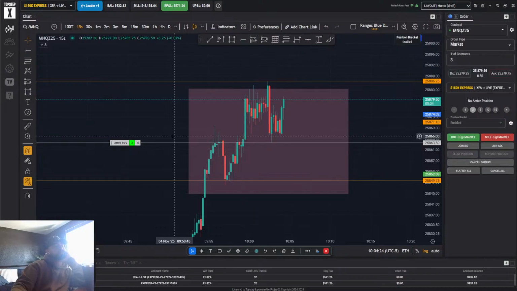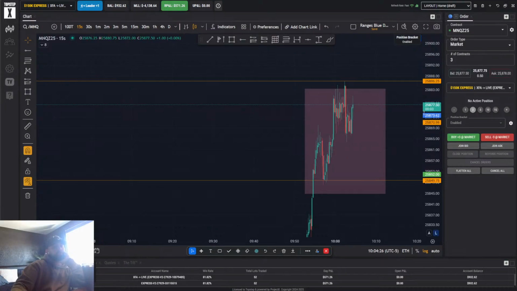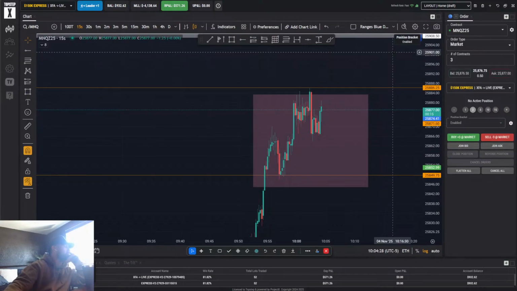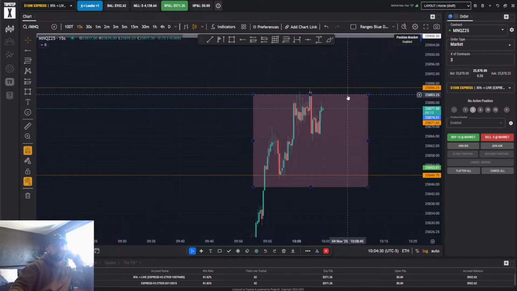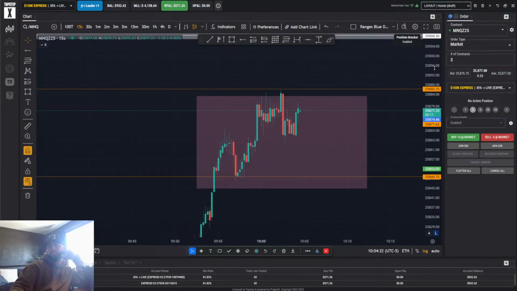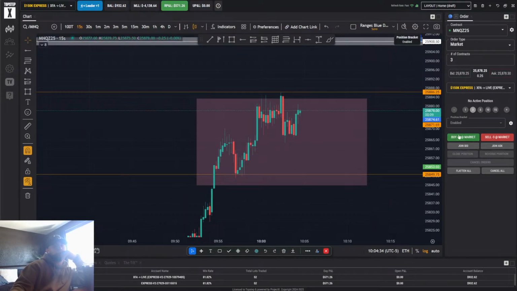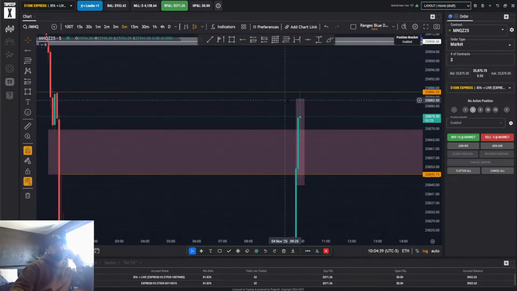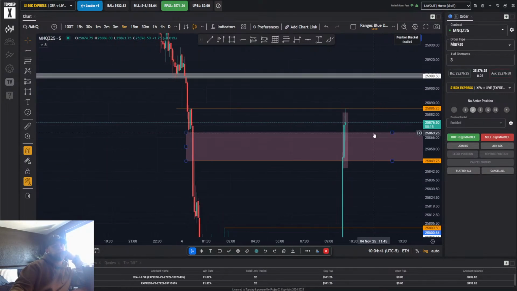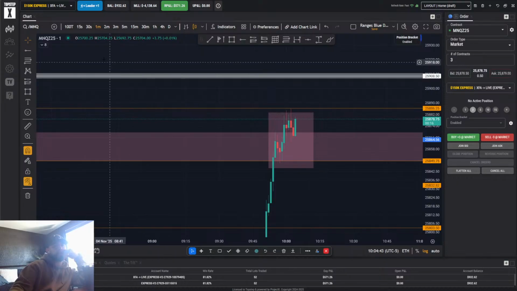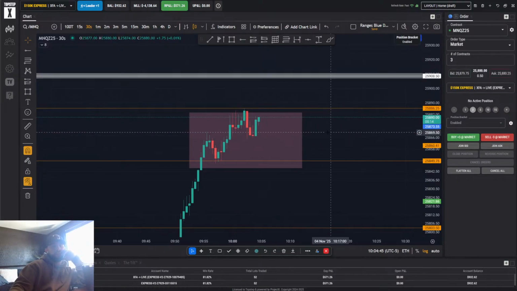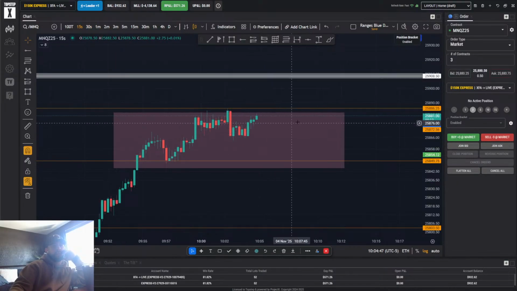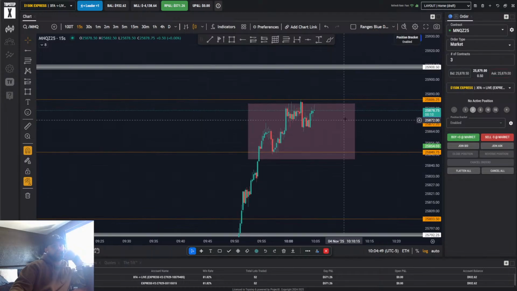Okay, so again, we probably still want to go higher. So on these 30-second and 15-second charts, the ranges might start forming around this level.